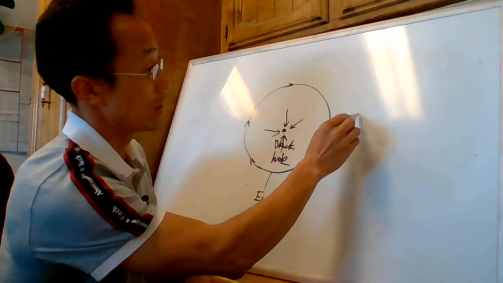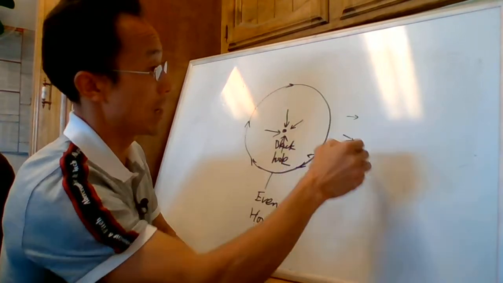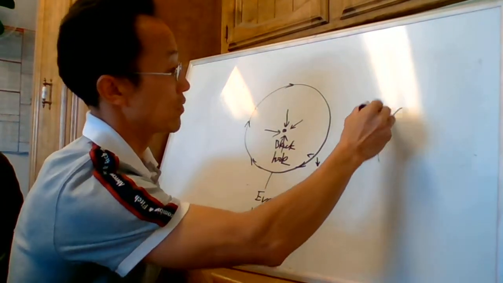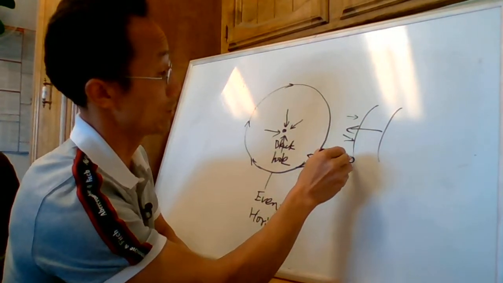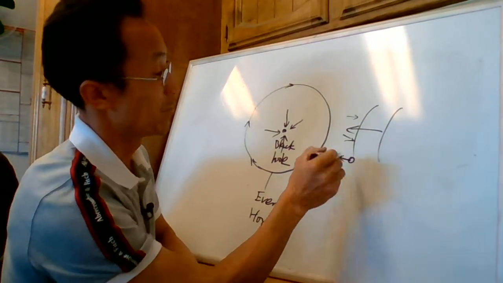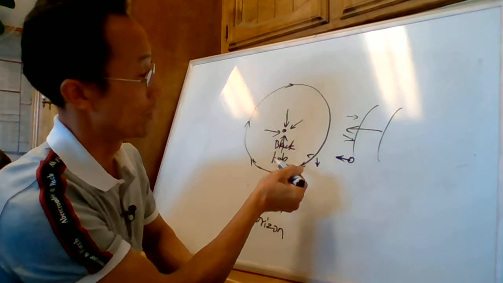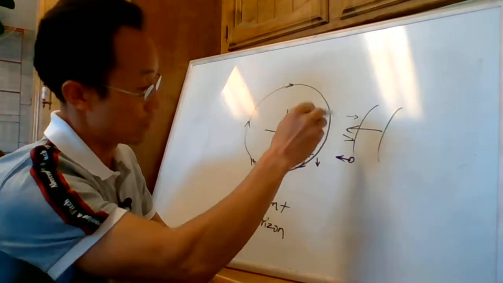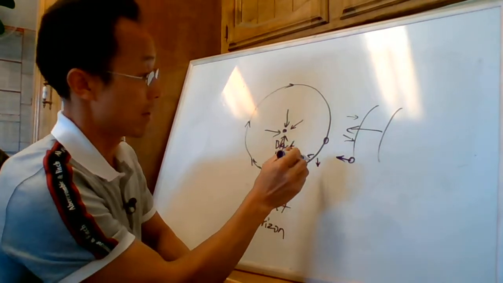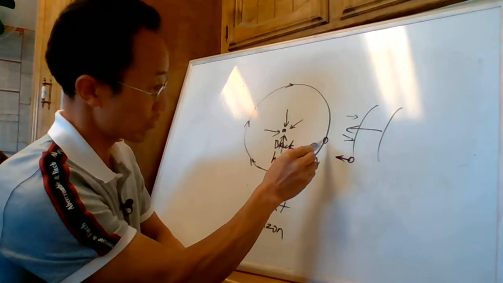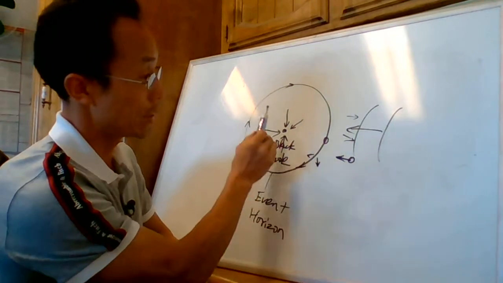Outside the event horizon, you still have a little bit of weak space frame going out this way, but you have more space frames going in this way, so close to the event horizon, you still have a strong force to pull you towards the black hole. But if you're moving fast enough, you can probably get around it. And when you are at the event horizon, basically, you have no space frames moving in or out.